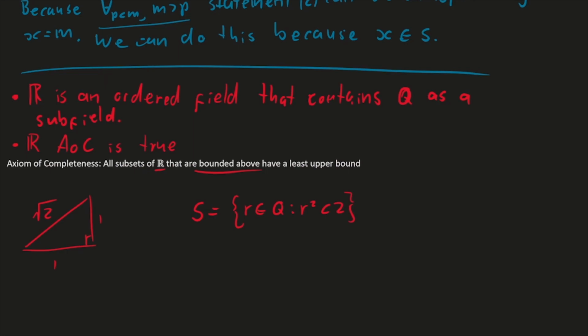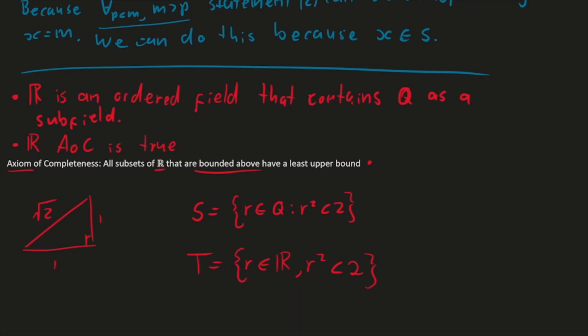However, if we transition over to the real numbers and we define basically the exact same thing, but now it's the real numbers with r squared less than 2, well, now it needs to have a least upper bound. So now the square root of 2 needs to exist by the axiom of completeness, because if it didn't have a least upper bound, we couldn't possibly satisfy the axiom of completeness, and that is an axiom.